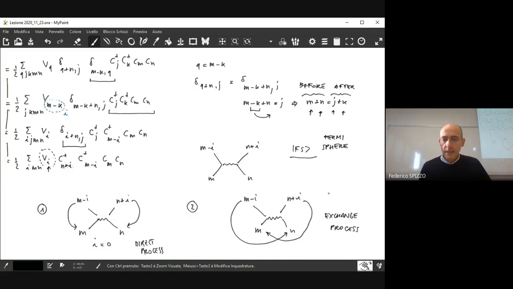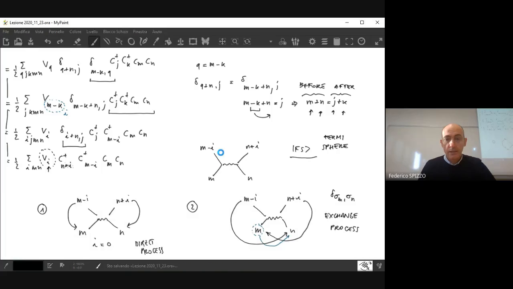So in this case, we have to require that the spin state corresponding to level M and the spin state corresponding to level N have to be equal, because this electron at the end jumps into level N. Again, since we have no modification of the spin of the electron during the process, what we need is that the two spin states are equal.